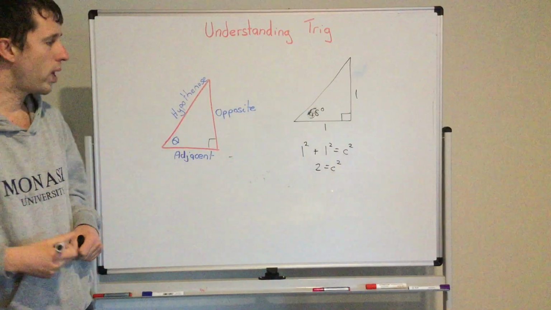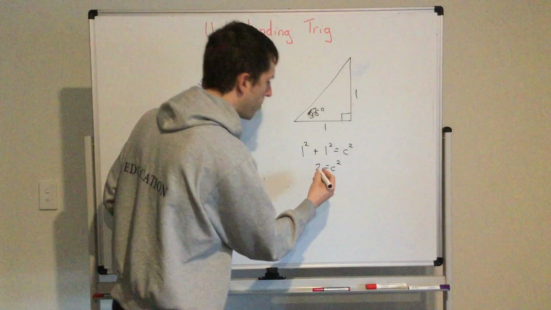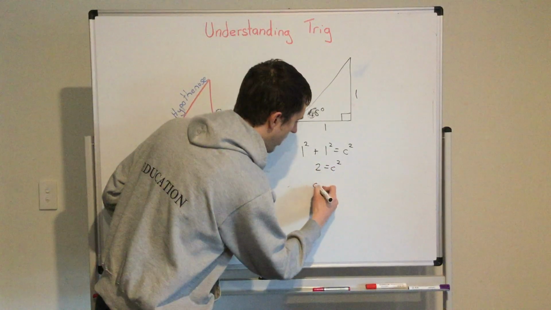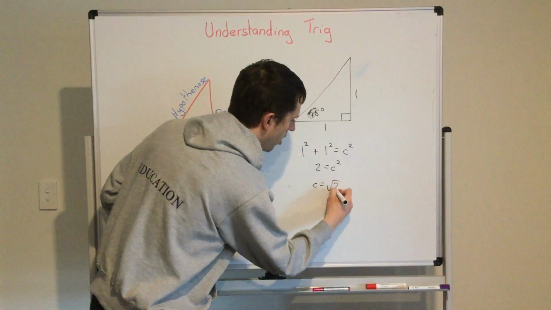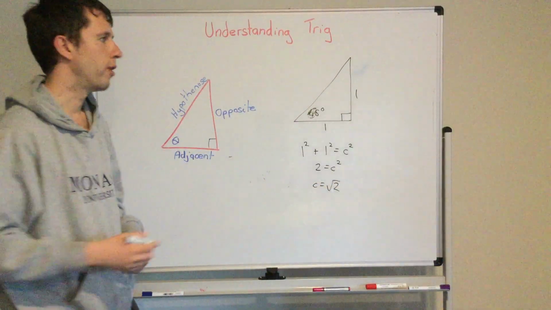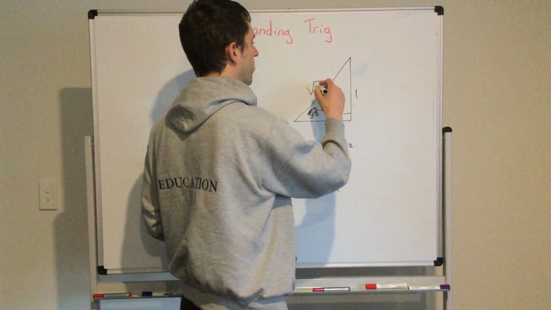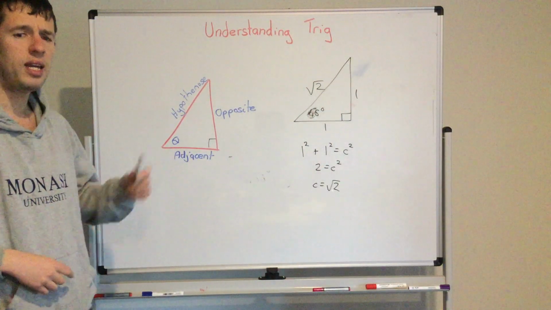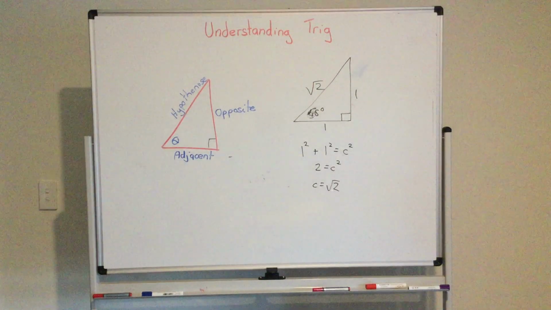I want to get the square gone, so I square root both sides, and the square root and the squared cancel out, and it becomes c equals the square root of 2. So that is the length of my hypotenuse. Now, I'm just going to rub that out.